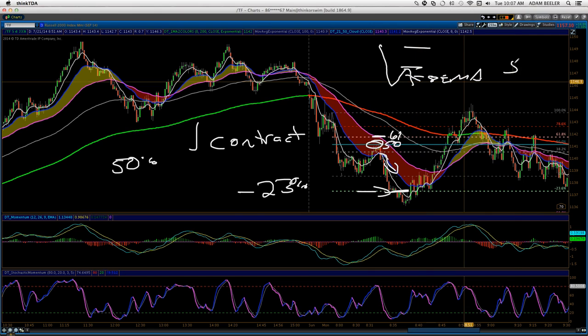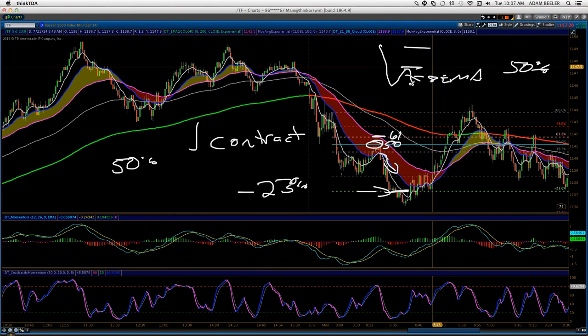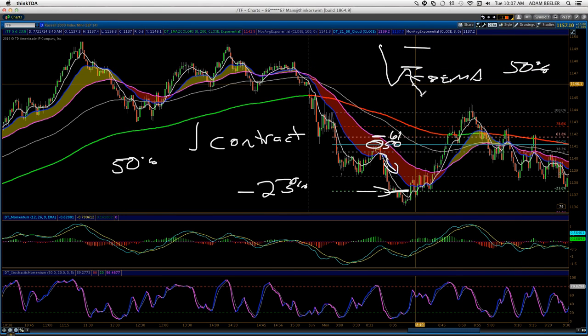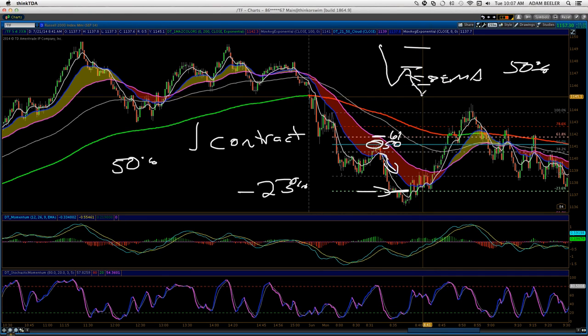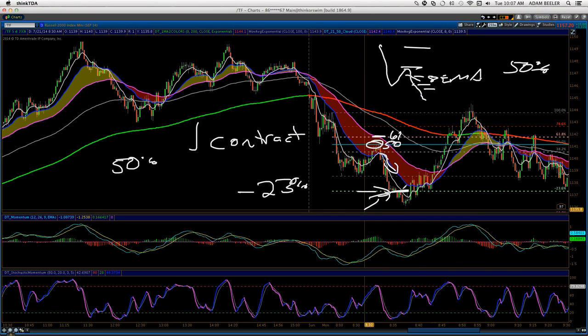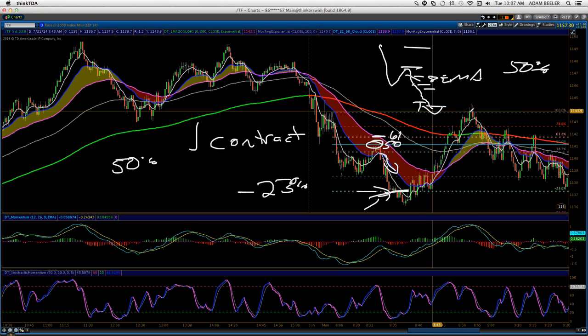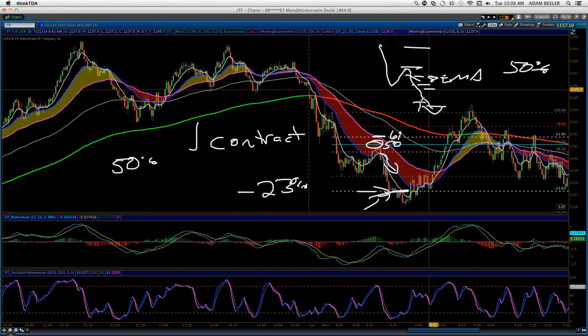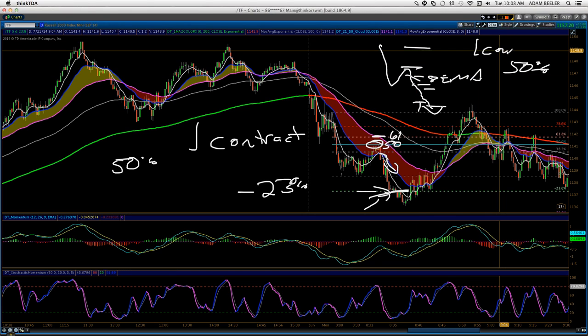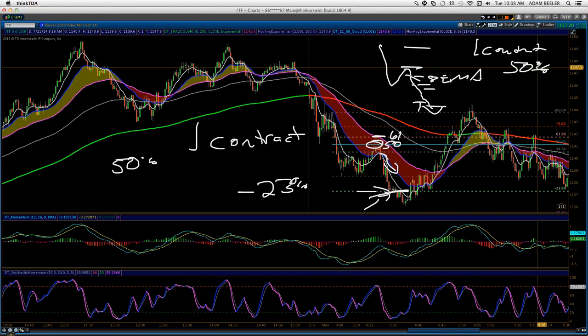So I would trail 50% of this move. So if it keeps on moving down, I'm going to move my stop 50% trail until it gets down to my final target, and we go ahead and get our target filled. So we're going to keep on locking in that profit with one contract until it gets down there.